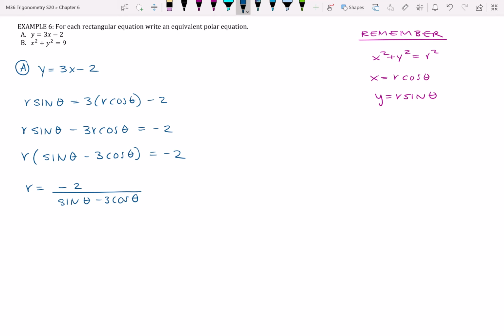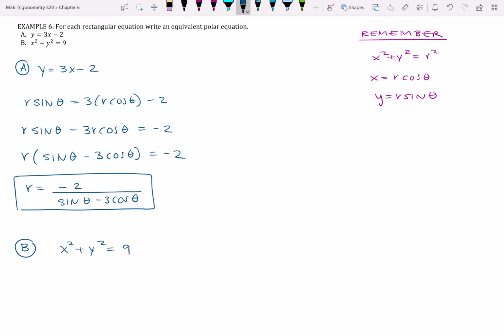Let's try this last one, b. The last one is x squared plus y squared is equal to 9. This one is actually not that bad.